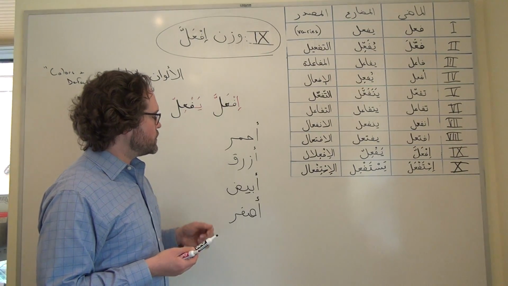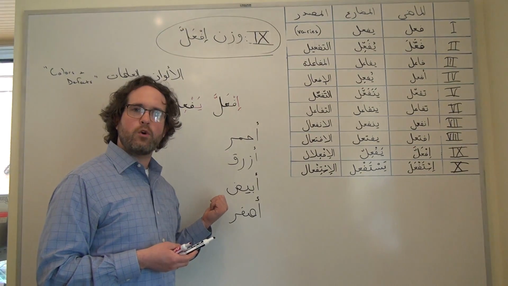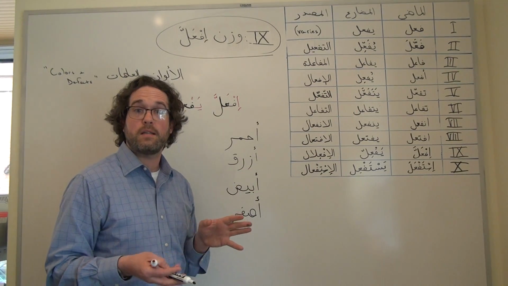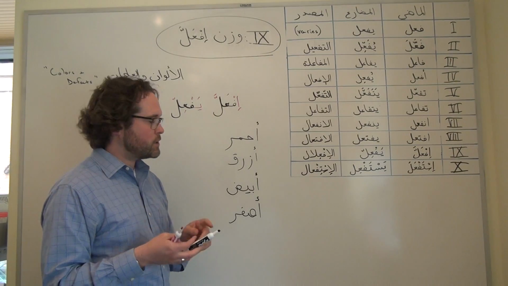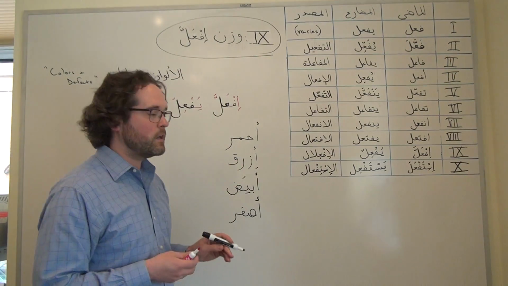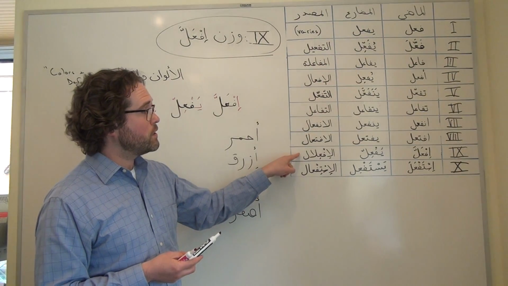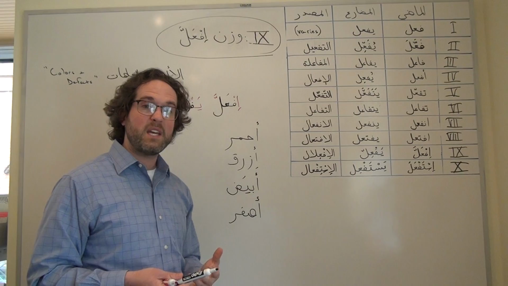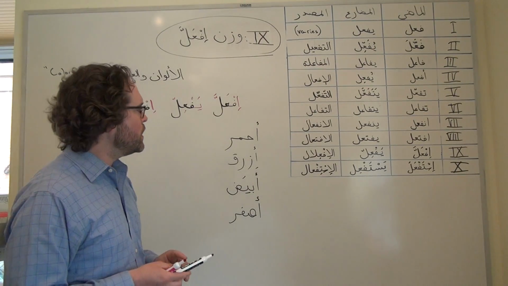So if we wanted to talk about something being or becoming the color white, if we left something out in the sun and it bleached white, we could take abyad, this color adjective, and put it in the form 9 verb pattern to create a verb meaning to be or become white.